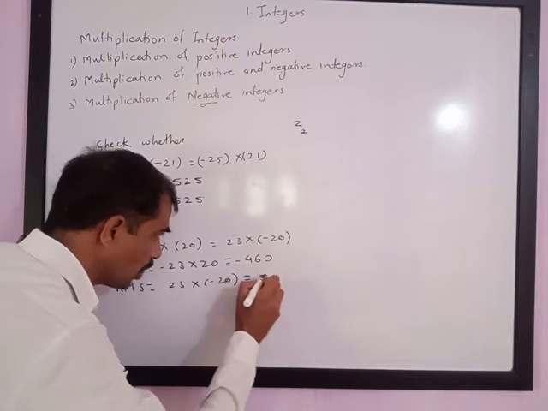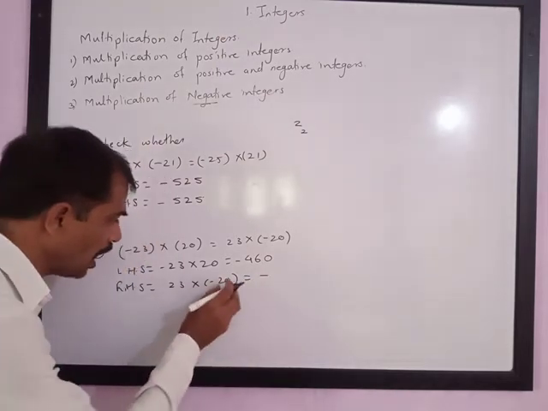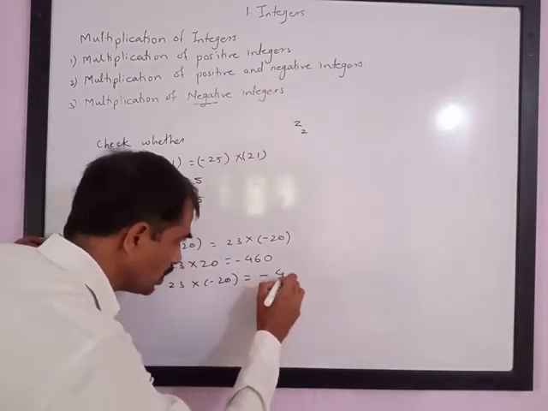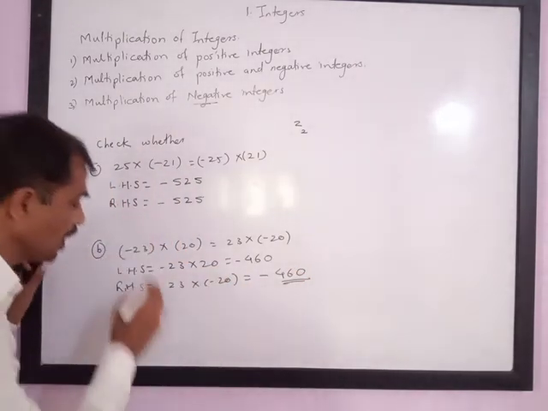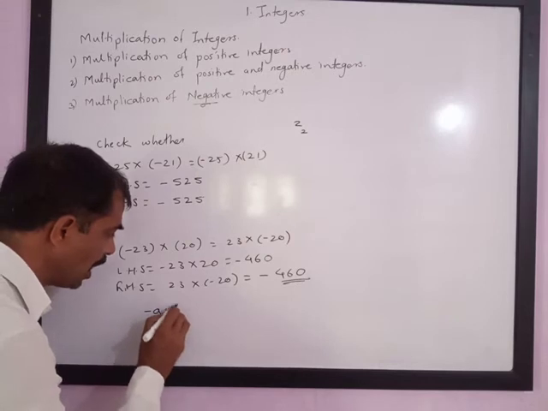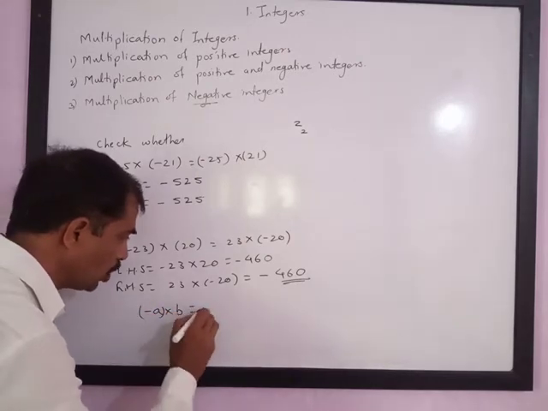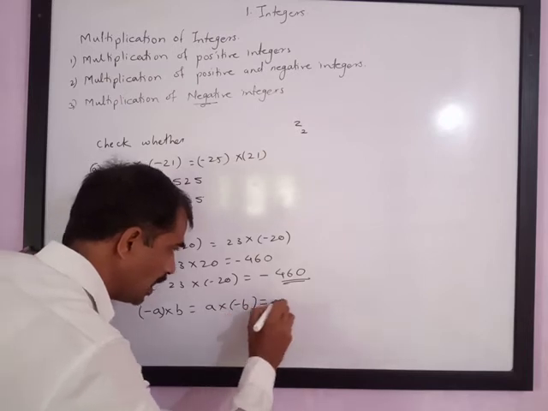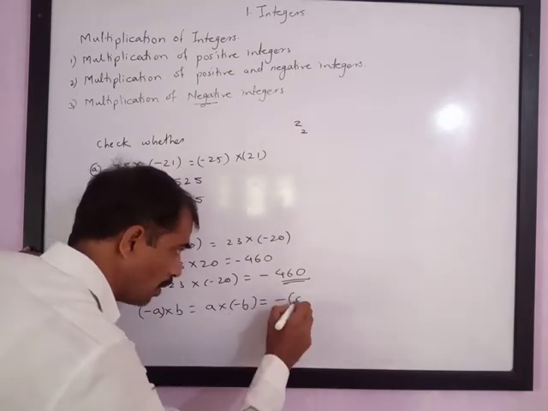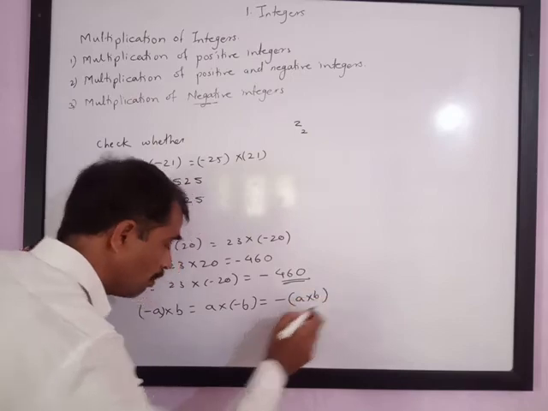So this is equal to, again the answer will have a negative sign. We have 23 twos are 46. Again you get the same answer. So please note here, minus a multiplied by b is equal to a multiplied by minus b, or you can say is equal to minus sign taken common, a multiplied by b.